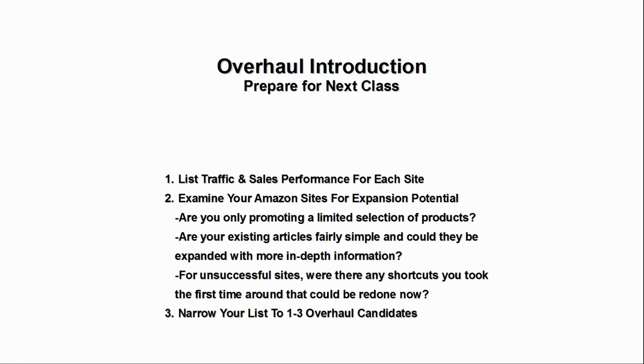First of all, figure out how much traffic and how much sales those sites are receiving on a monthly basis. And even look at a couple of months worth of a time period at the very least, just to get some kind of a generalized idea.